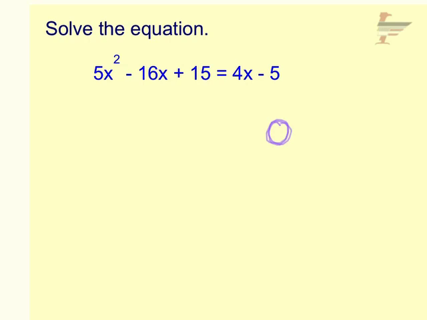And then just a helpful thing to make sure you follow, find that x squared term, and you will always want this term to be positive. So because it's positive over here on the left side of the equal sign, I'm going to leave the x squared term on that side and get everything else over here with it. If you have a negative number in front of your x squared, it just becomes more of a headache with your factoring. So just always have a positive x squared term when you factor and then solve.